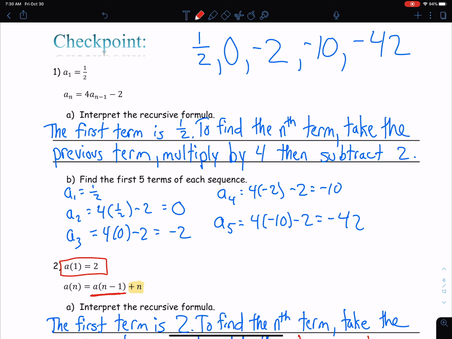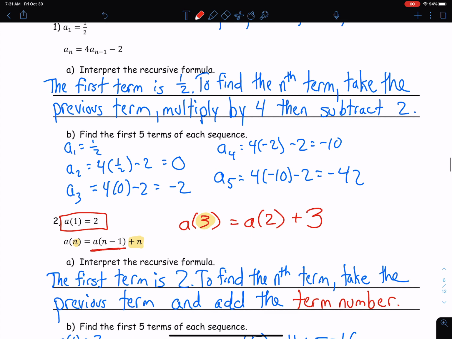So, for example, if we have the third term, what we're doing is we are adding the previous term, so that would be the second term, and then we're adding not any term, not adding the third term or second term to it, we're adding the term number, which is n in this case. So n, this is the third term, 3 is the term number, so it would be a of 2, the second term, plus 3. So that's what's written here.